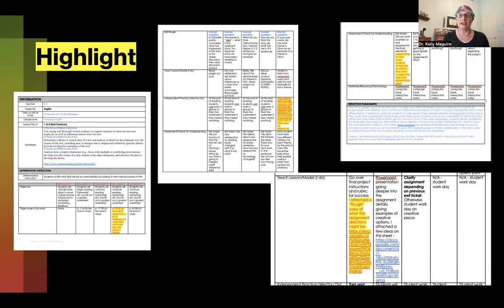And so then they highlighted it. This one, I think, down in the lower right corner, you can see the pre-service teacher said, I attached a rough copy of what the assignment directions might look like. So what I probably did for the suggestion for the benchmark rewrite was to ask for an idea of what those directions would be.